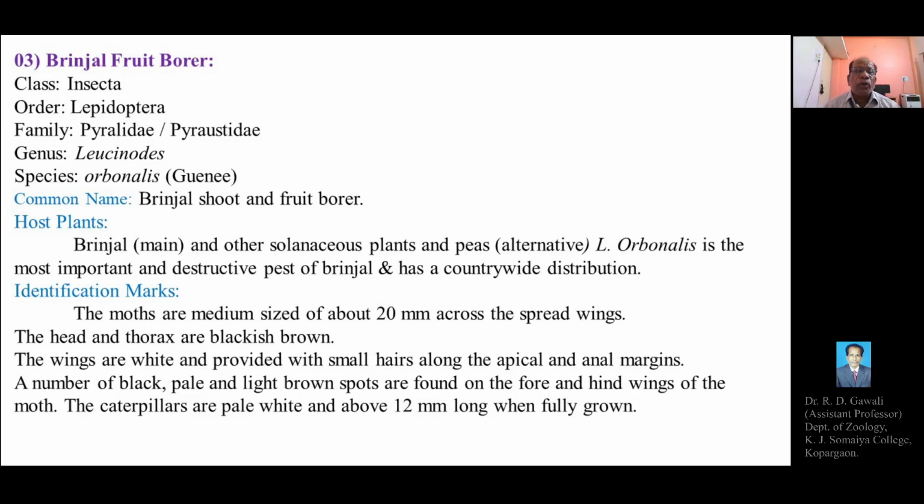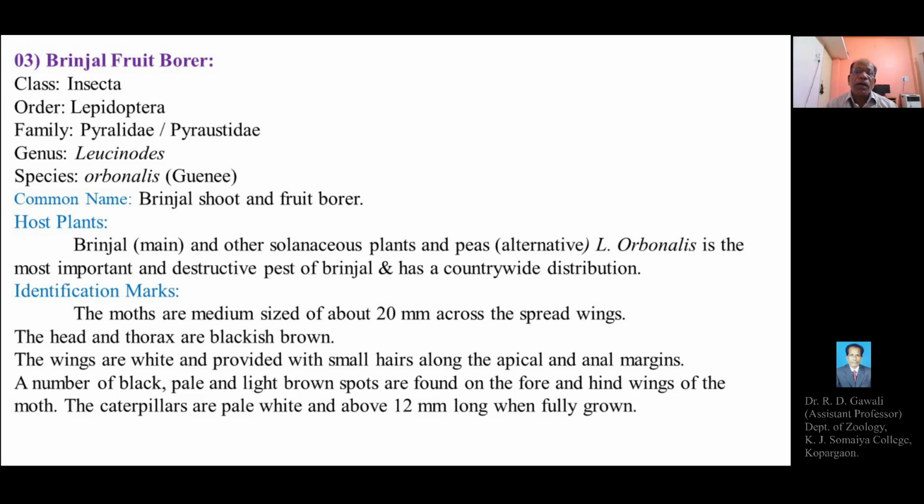The head and thorax are blackish brown in color. The wings are white and provided with small hairs along the apical and anal margins, and a number of black, pale, and light brown spots are found on the forewings and hind wings of the moth.